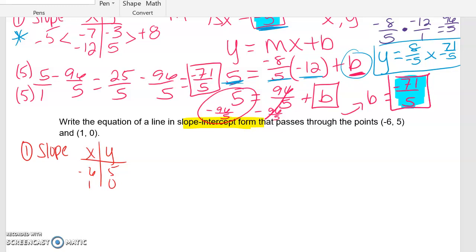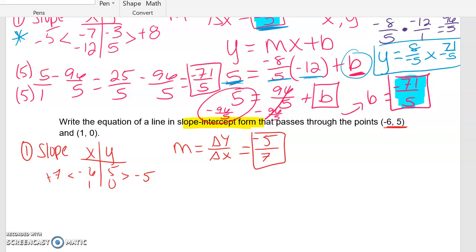So it looks like my change in y is minus 5, and my change in x is plus 7. So my slope is my change in y over my change in x, which is negative 5 over 7.